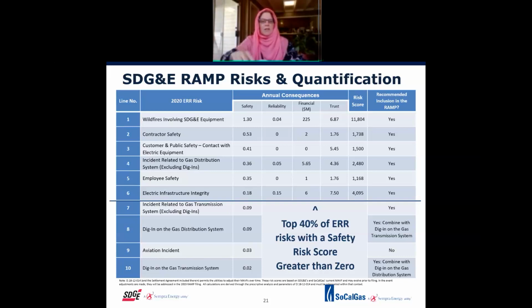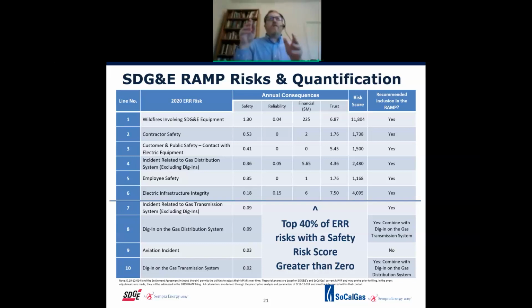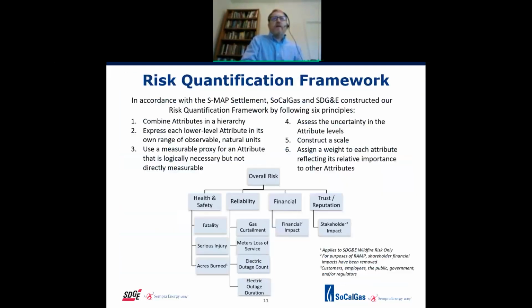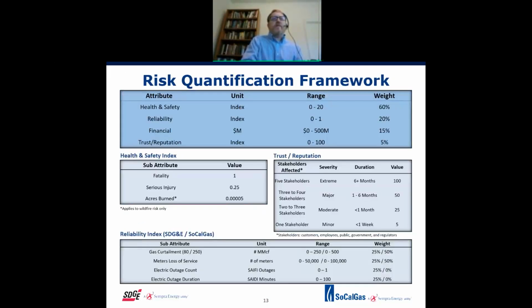That's okay. In our risk quantification framework, or the MAVF, actually, Joe, for Wendy's sake, can we go back to that slide? We could just do this real quick. That one right there is good. So at the bottom, Wendy, is the reliability sub-attribute index. And you can see where it says reliability index and it says SDG&E / SoCalGas.